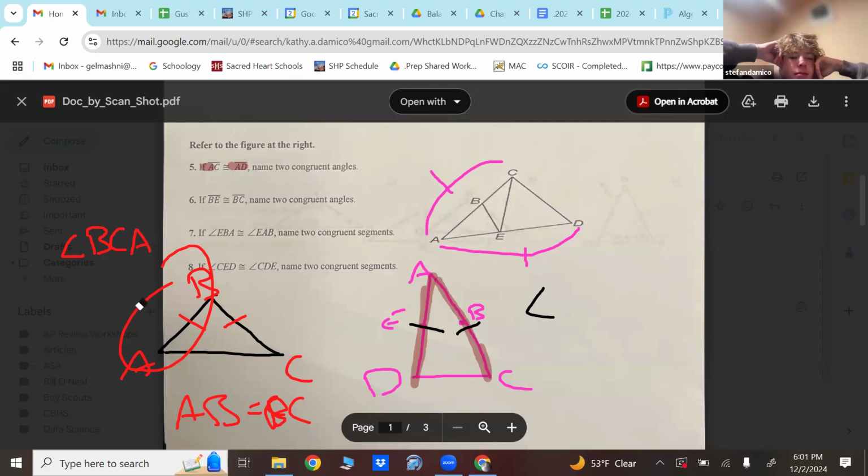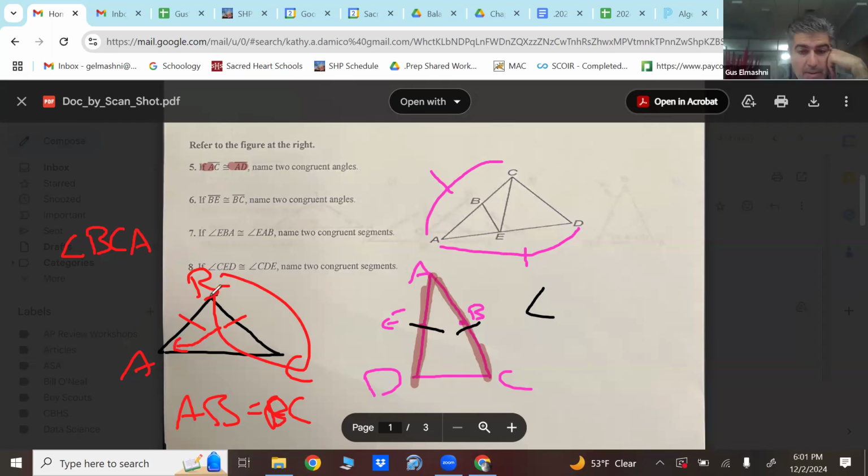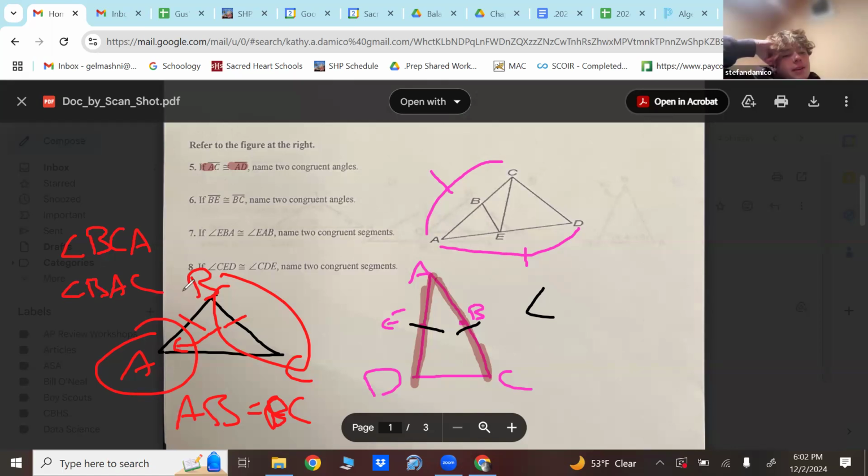It's BC, then it's AB. What angle is opposite of it? I'm pointing at it. What angle is this? Angle BAC? Do you see why it's opposite? Okay, because otherwise I can't help you if you can't see why it's opposite.